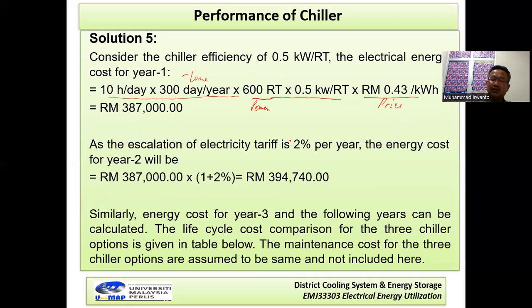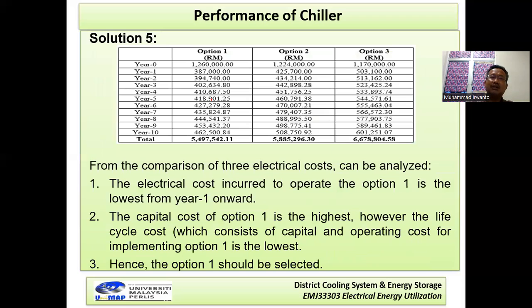Now if we finish calculating option 1 from the first year until 10, option 2 from the first until 10, and option 3 from the first year until year 10, each with its efficiency, we obtain one table from the question, including the initial year.